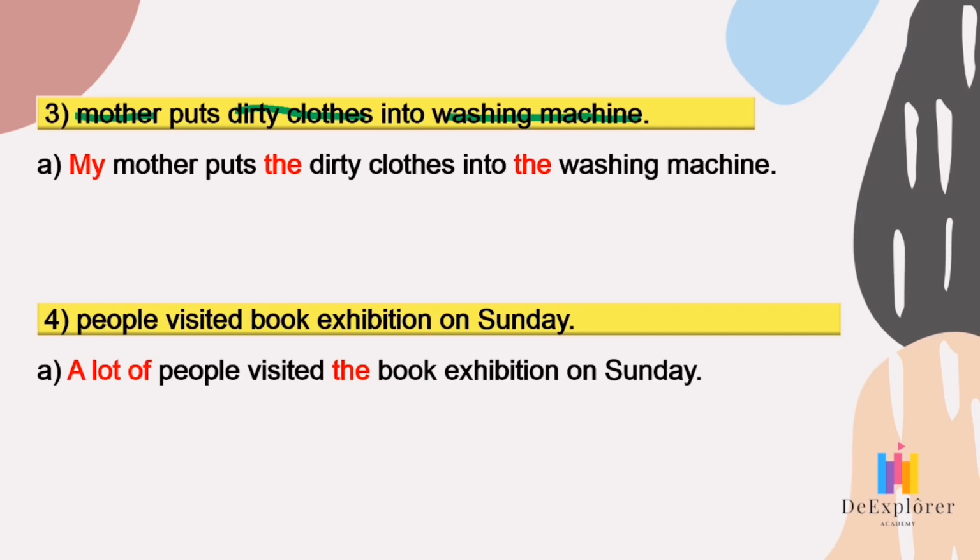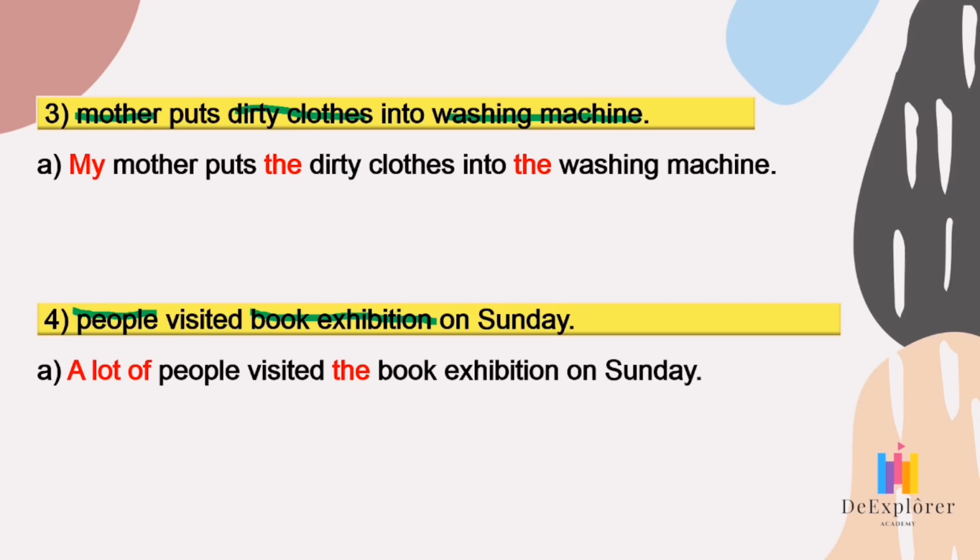Okay, so don't forget, you actually need to underline the nouns first. Okay, so what are the nouns that you have to underline? People, book, exhibition. These are the nouns. Okay, and you check and see. Before the noun, you need to have the quantifier a lot of people, okay, or many people, right?